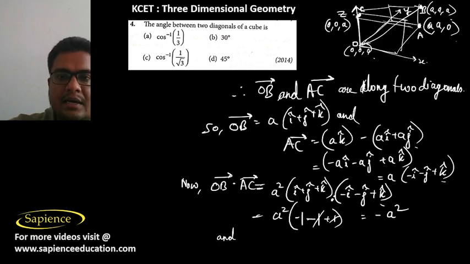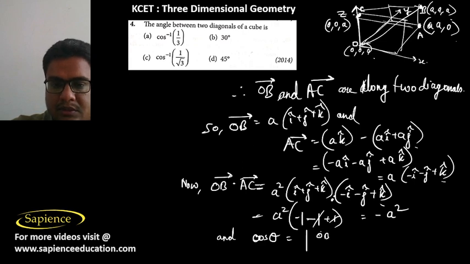Therefore the angle between these two diagonals, if that is theta, then cos theta is, if you want to find the acute angle only, you have to take the mod of OB dot AC divided by magnitude of OB times magnitude of AC.